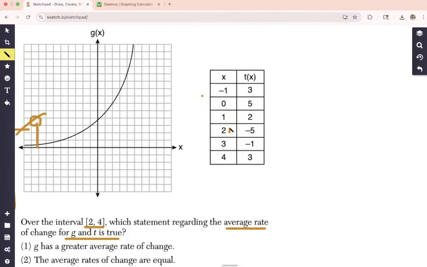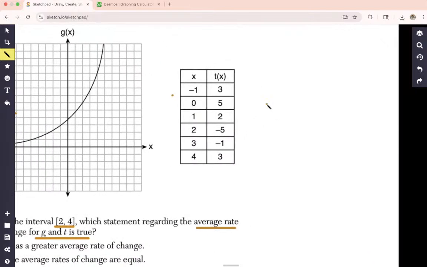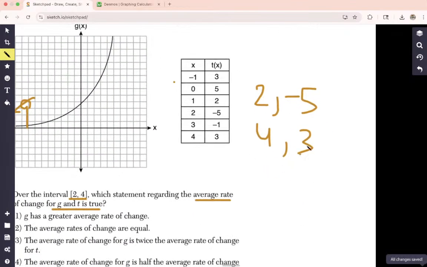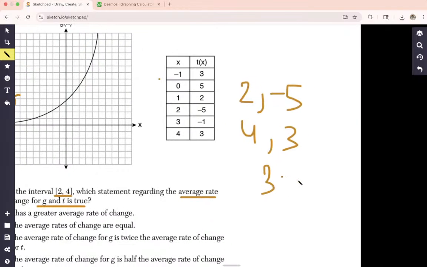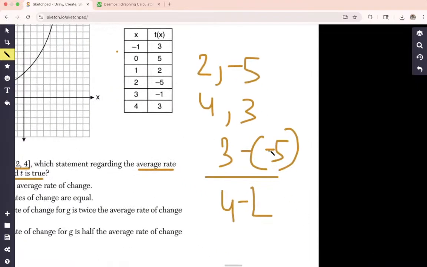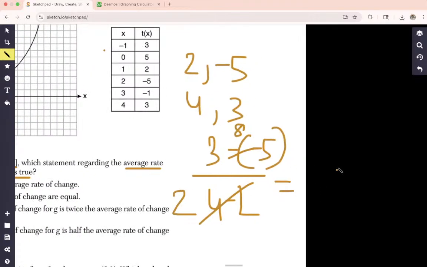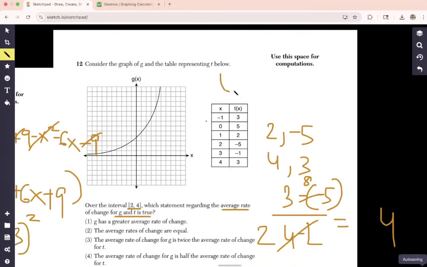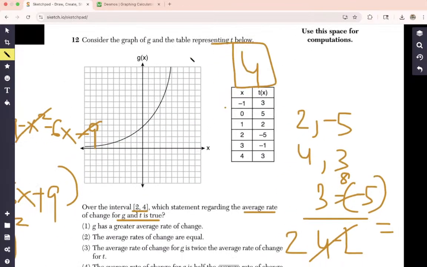So when the x value is 2, the y value is negative 5, and when the x value is 4, the y value is equal to 3. So what's the slope of this line? It's going to be your change in y, so 3 minus negative 5, divided by 4 minus 2. That's 8 divided by 2, which is 4. So the average rate of change for this is 4 over the interval 2 and 4.